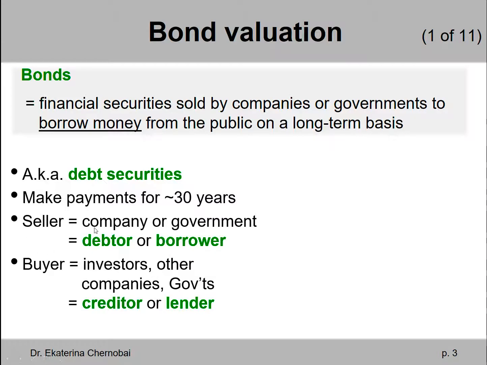So the seller of bonds, which could be a company, it could be a government, is also known as a debtor or a borrower. And those investors or maybe other companies or other governments that buy these bonds, they are lending money, right, to the issuer. So they're called lenders or creditors.